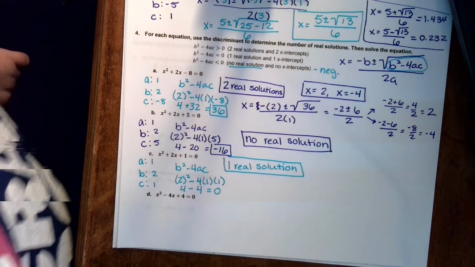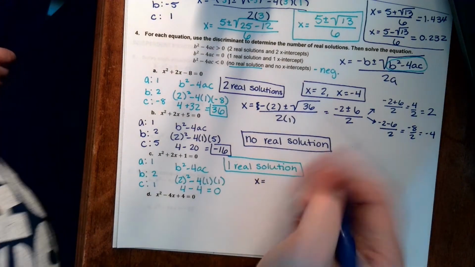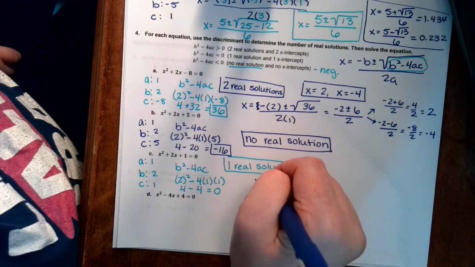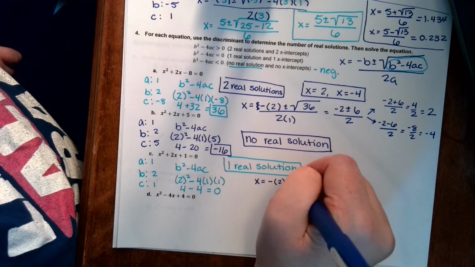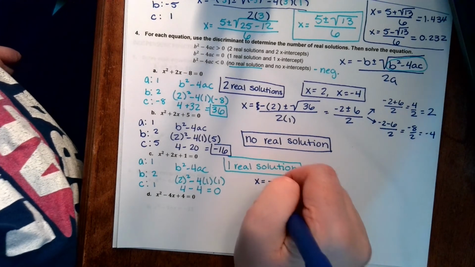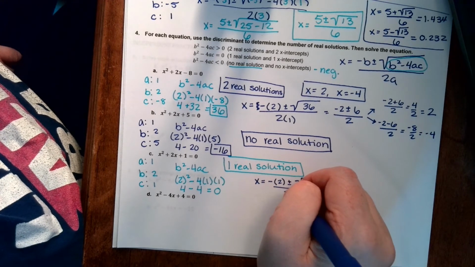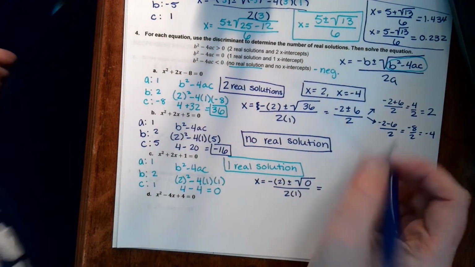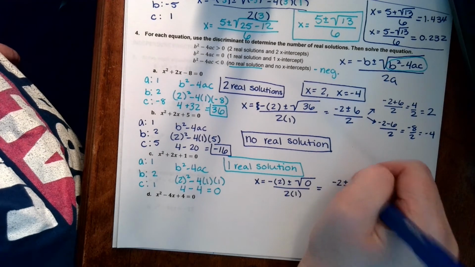Alright, so let's figure out what that one real solution is. So we're going to finish our quadratic formula. X equals negative B, which is negative 2, plus or minus the square root of the discriminant, which is 0, over 2 times A, which is 1. So this is negative 2 plus or minus 0.